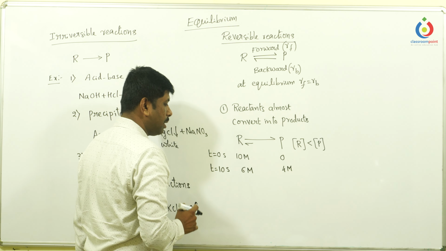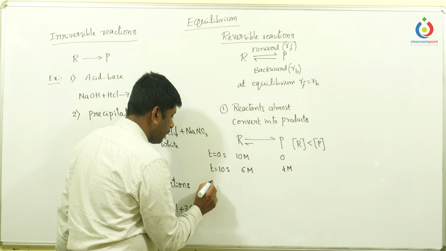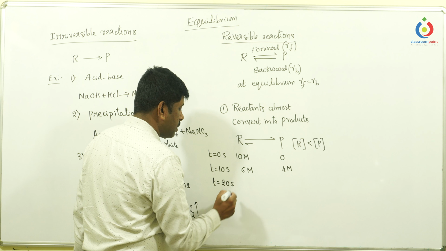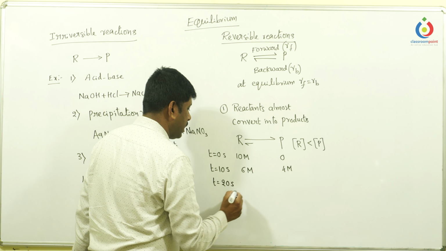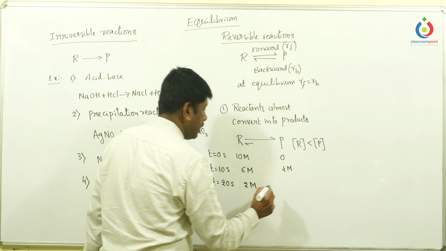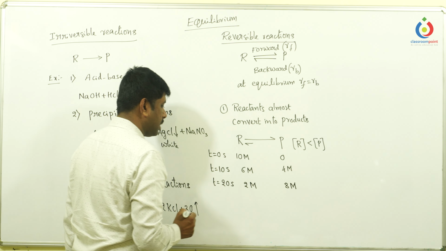I am taking it directly in terms of moles per liter, hence I am writing molarity. After 20 seconds, out of 6 moles, imagine 4 more moles are converted. So the remaining concentration of reactants is 2 molarity, and now 8 molarity of the products are there.